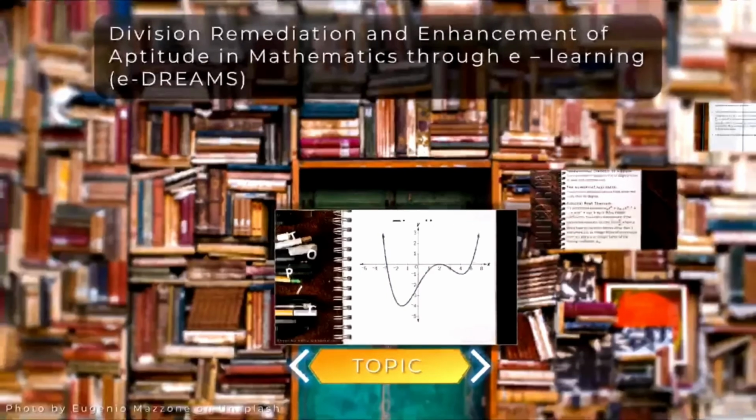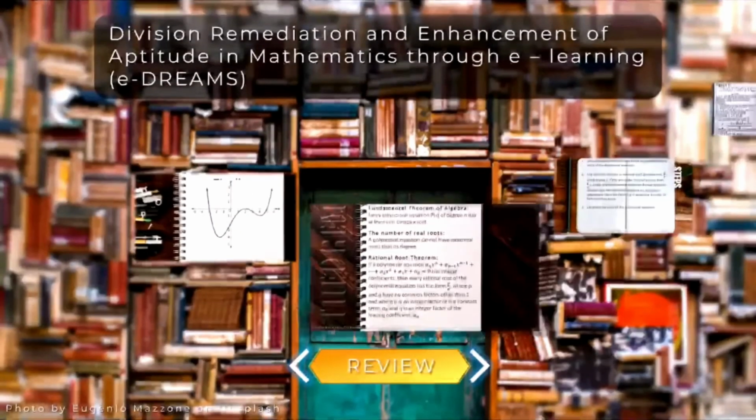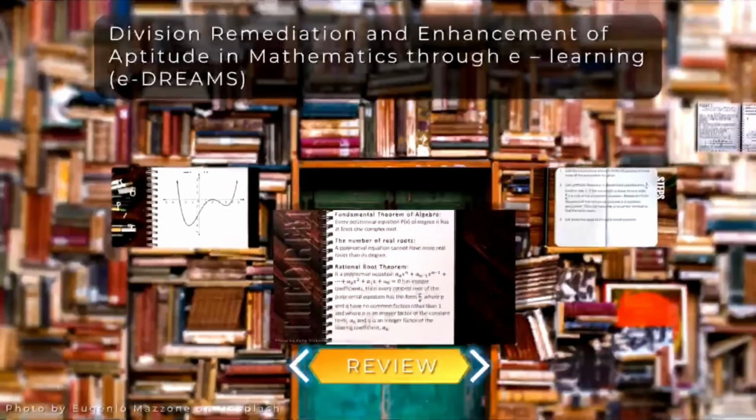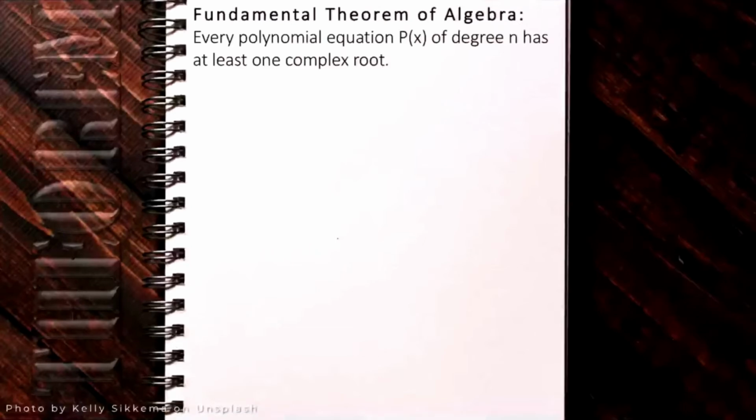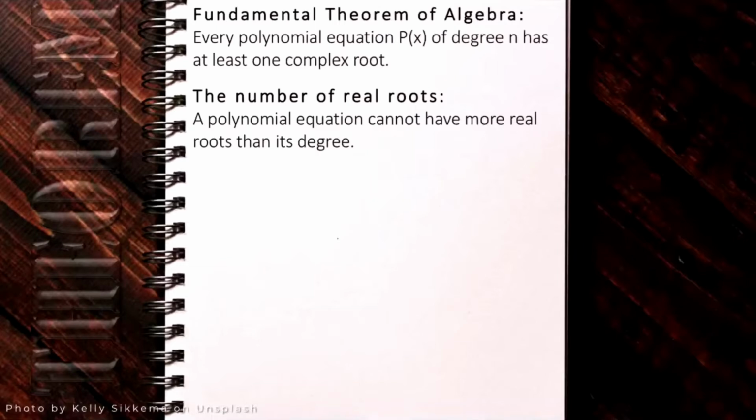Next is the theorem about polynomial function. The first theorem is the fundamental theorem of algebra. Every polynomial equation p of x of degree n has at least one complex root. Second is the number of real roots.